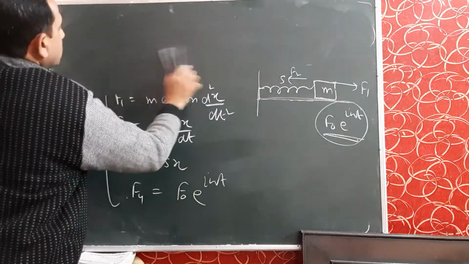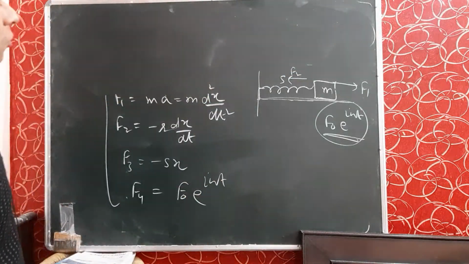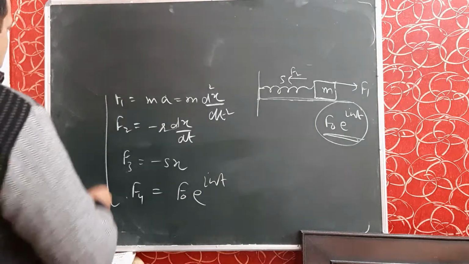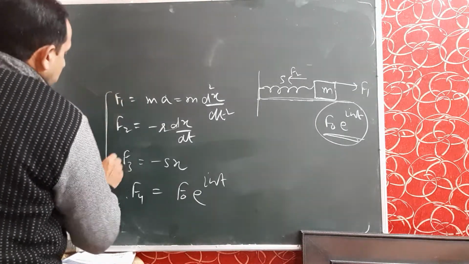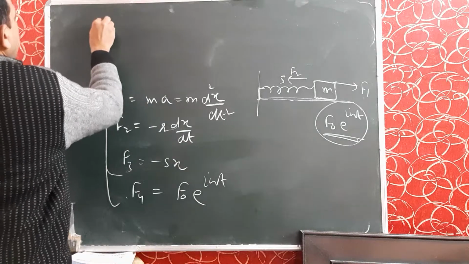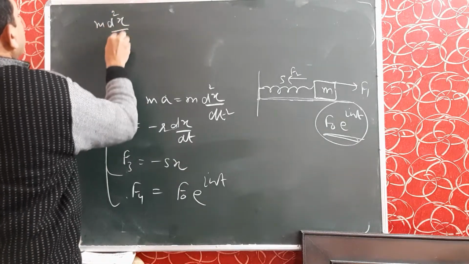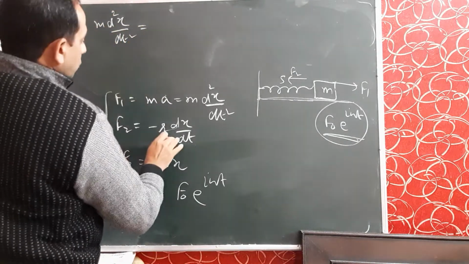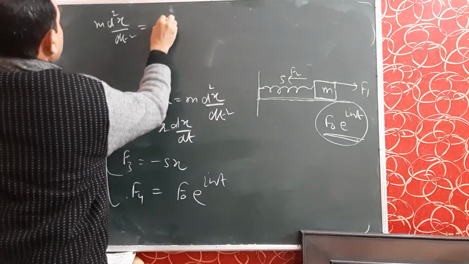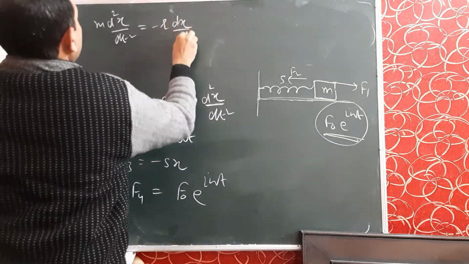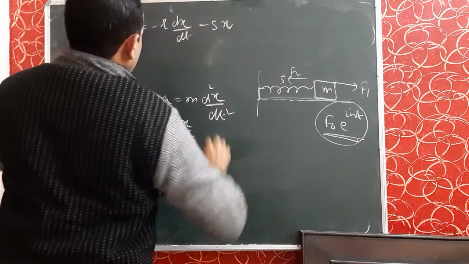Now the equation for this forced oscillator will be, first of all we will prepare the equation by these three forces, that is m into d square x by dt square is equal to minus r dx by dt and minus s into x.